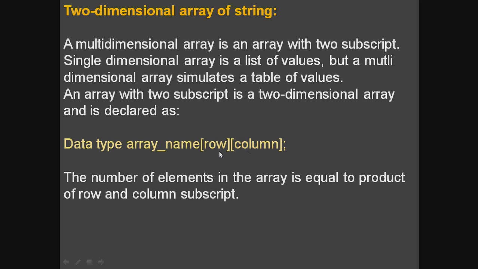So the array can hold up to 100 elements. In a single subscript, the subscript represents the number of elements that can be created. To judge how many elements or variables can be created in a two-dimensional array, you multiply the rows by the columns. That way you get how many elements this array can hold.